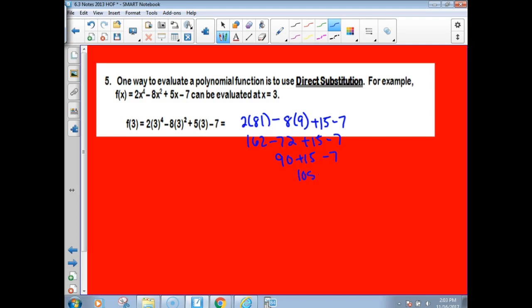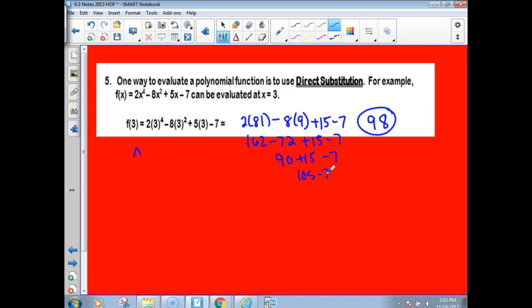So I'm getting 105 minus 7. It should be 98. Does everybody know how to type in the exponents? If you do not, tell me please, so I can show you. Use the arrow up key. All right. Everybody able to get 98? That's all I need to know.